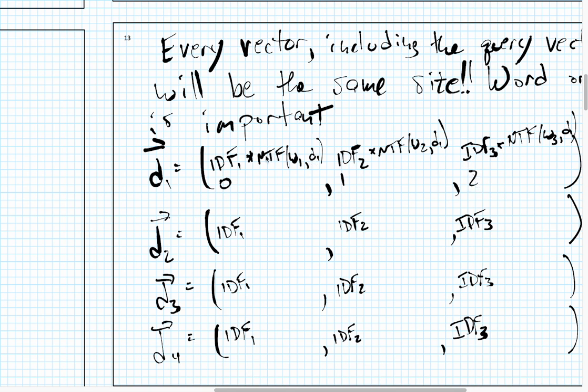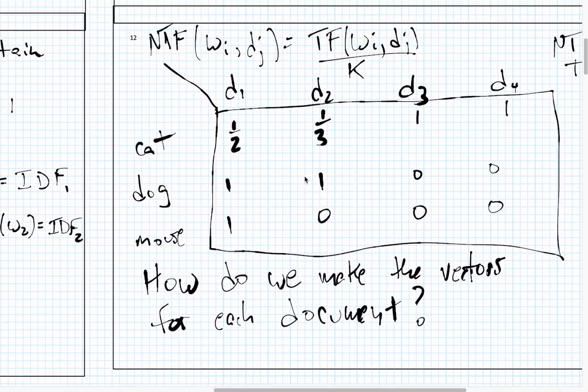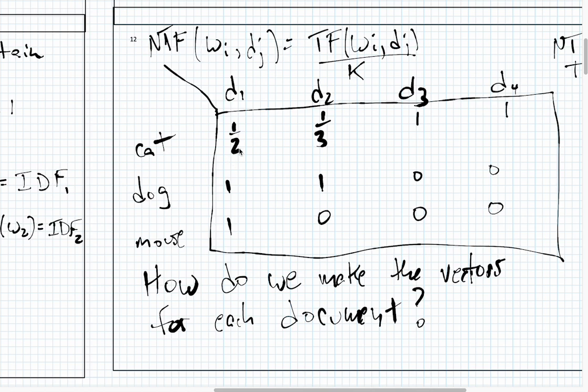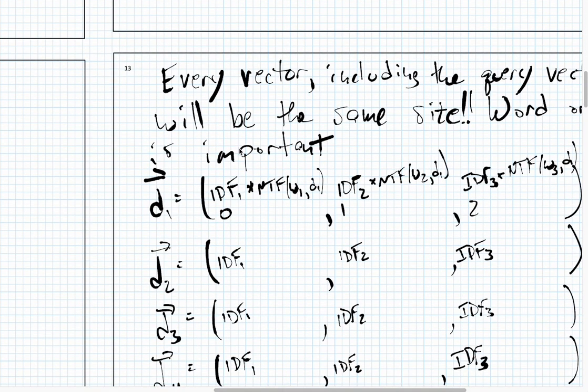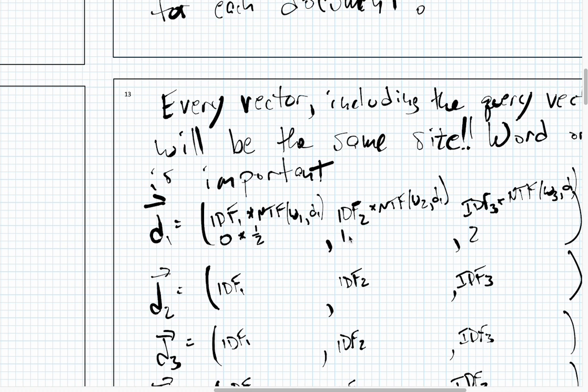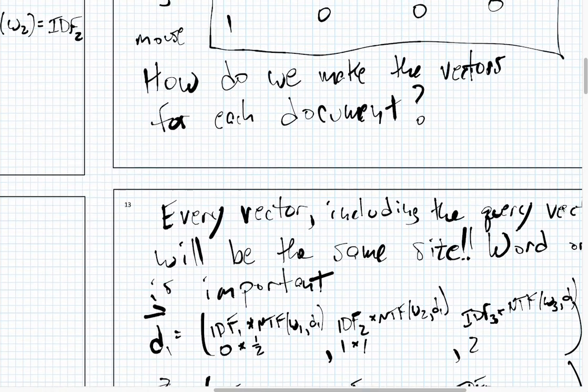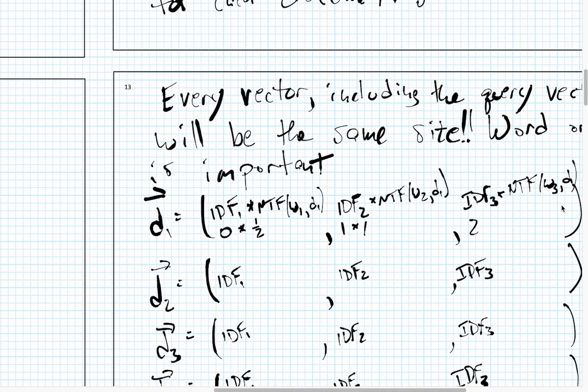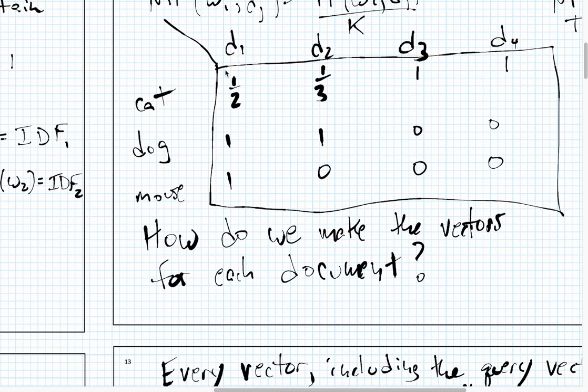So now I have to look for the normalized term frequency of cat in D1. The normalized term frequency of cat in D1 was 1/2. The normalized term frequency of dog in D1 was 1. And the normalized term frequency of mouse in D1 was also a 1. Everybody get it? I just got those values right from this table right here.